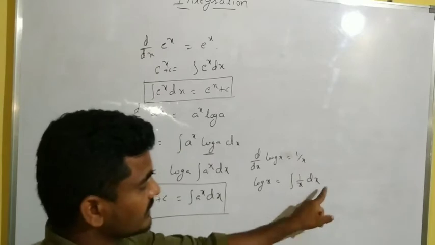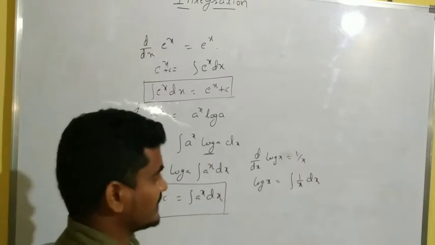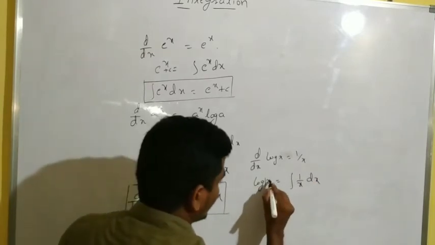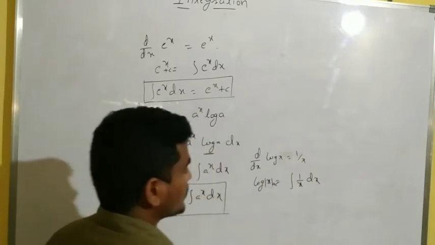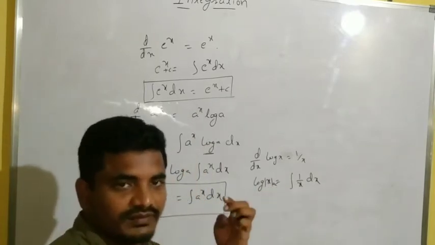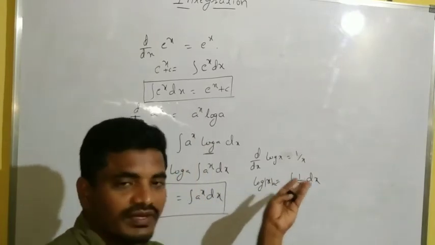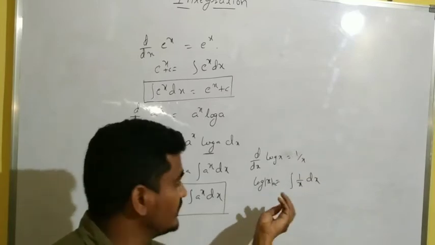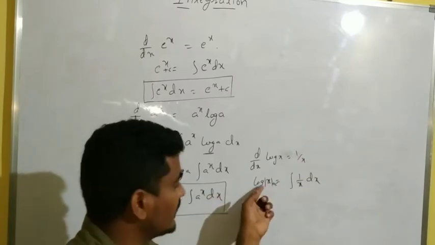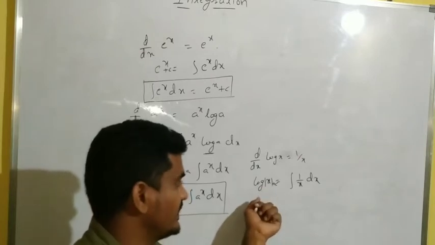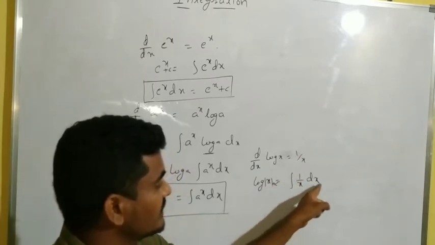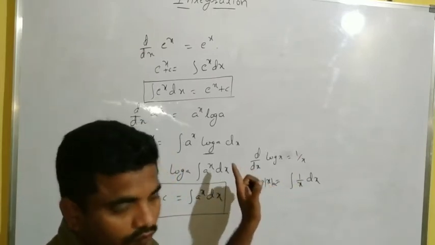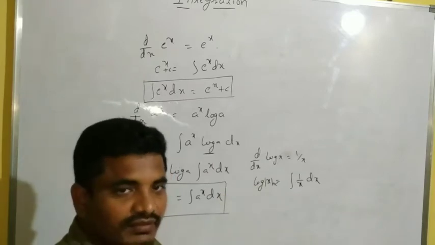So the integration of 1 by x dx gives log x plus c. Sometimes we can get log of minus x, for which we also get 1 by x, the same value. That's why we take mod x plus c. So the integration of 1 by x dx equals log mod x plus c, that we can write.